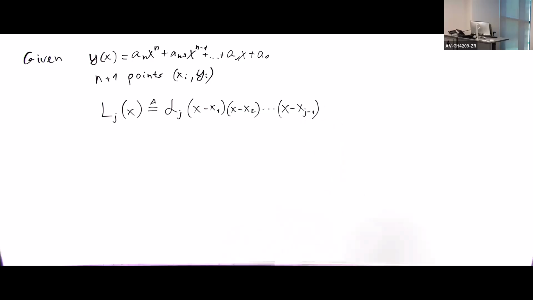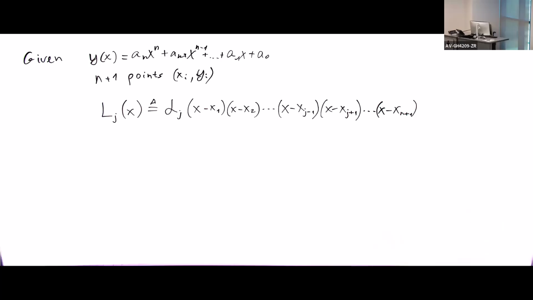And then you skip j, and then you continue on until you get x minus x_{n+1}. So practically this is a factorization for all of the points that you have except one, which will be point xj. Skipping that xj here and jumping from j minus 1 to j plus 1, practically not using that in the factorization.